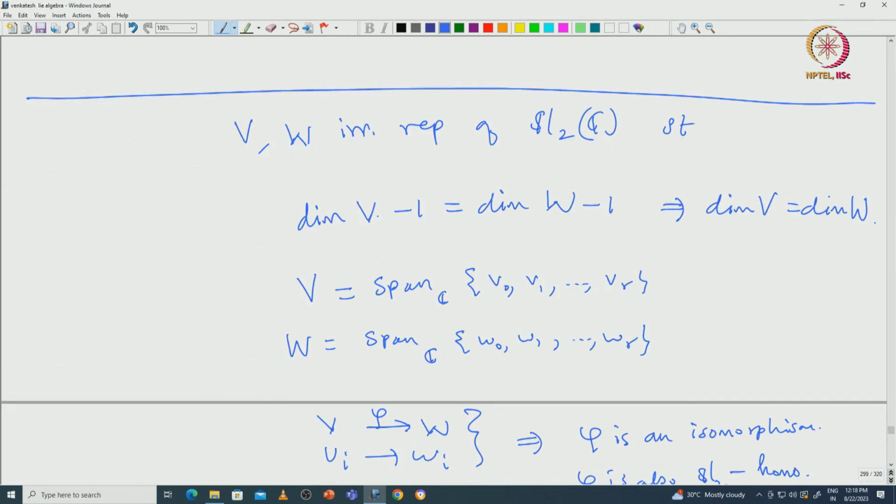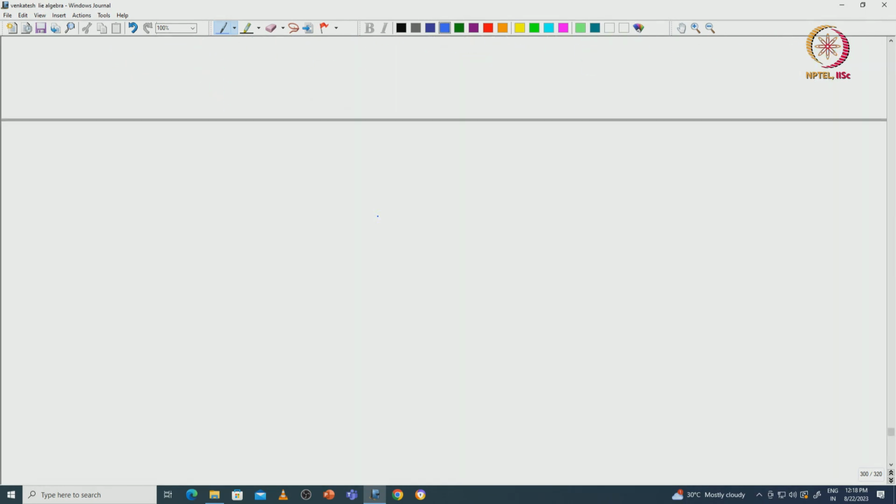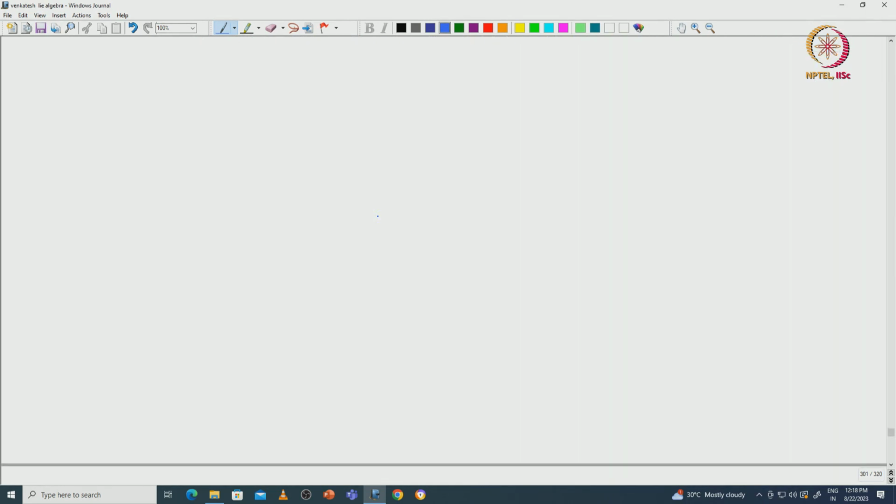Okay. So, but what I want to do is give a very explicit construction of this representation. Okay. So, for that we need to recall how SL2C is acting on the two variable polynomials. Okay.